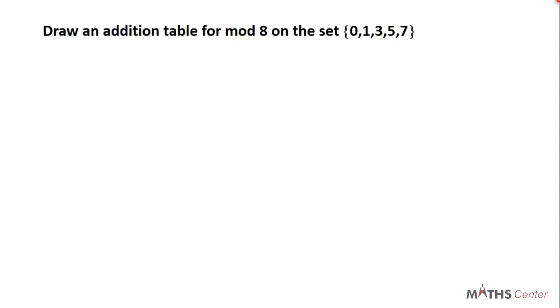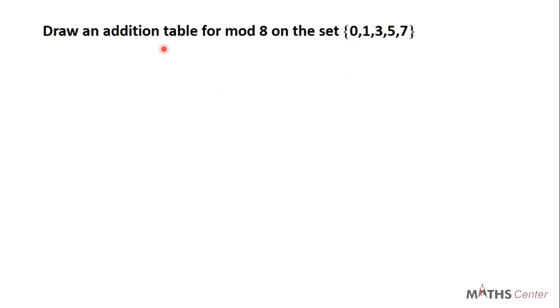The question for this video is, draw an addition table for mode 8 on the set 0, 1, 3, 5, 7. We learned in the previous video that when you are asked to draw a table for an operation in a given modulus, and the question defines the set of values for you, you are supposed to use that set of values to draw the table.